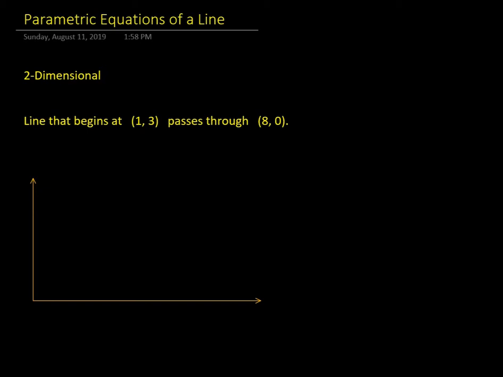This first example will be a line that begins at the point (1, 3) and goes towards and passes through the point (8, 0). Assuming that we have the x-axis here and the y-axis here, the point (1, 3) might be right about here, and the point (8, 0) might be right about here.